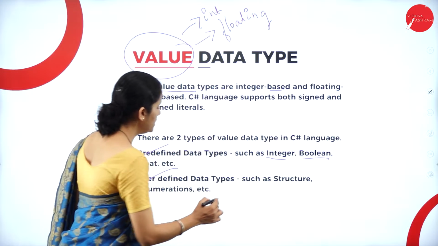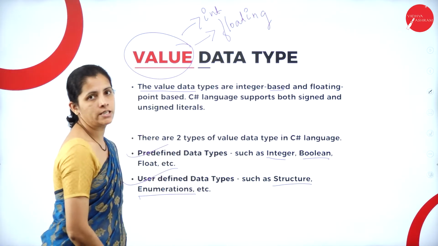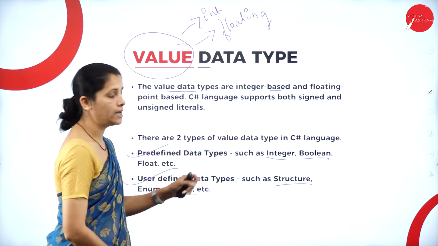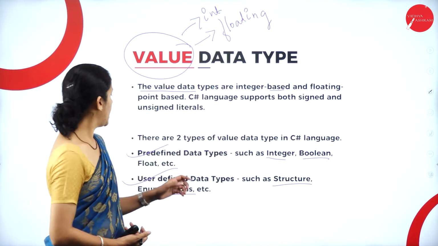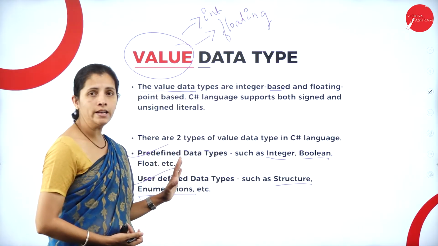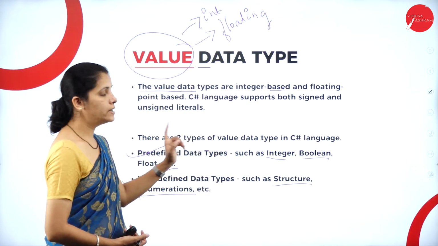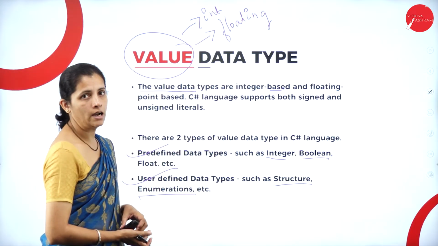An example is structures, enumeration, etc. So the examples for user-defined data types are structure and enumeration. And if I consider predefined data types, then examples here are integer, boolean, float, etc.